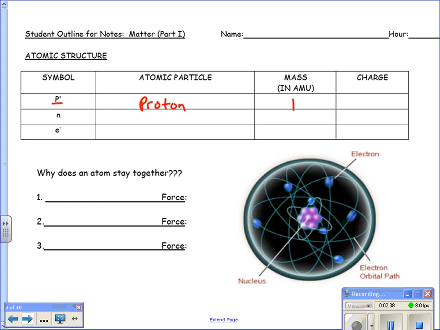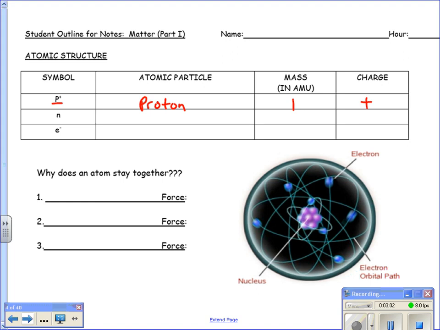Scientists cannot measure an individual proton on a scale that we know of today, but we can give it a mass size based on its connection to size of other particles that make up the atom. So the proton has a mass number of 1. And of course the charge is positive.